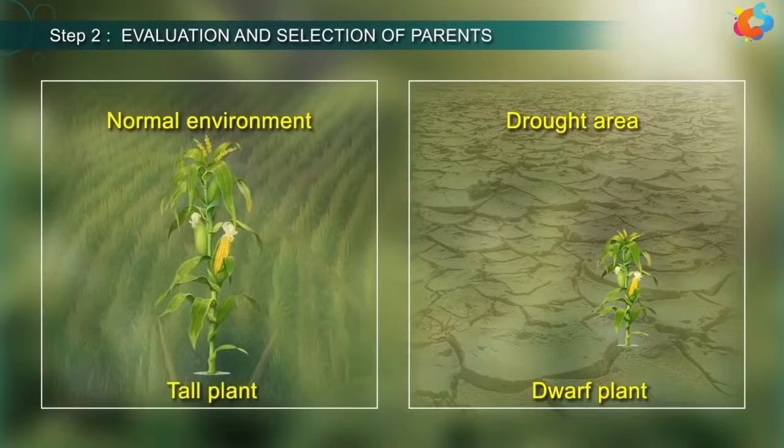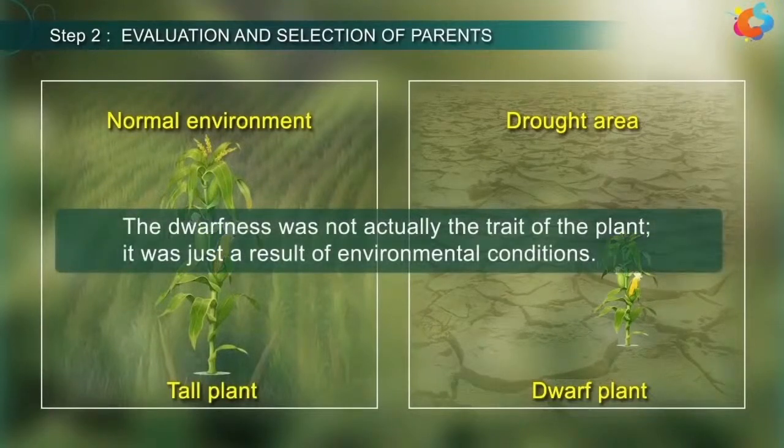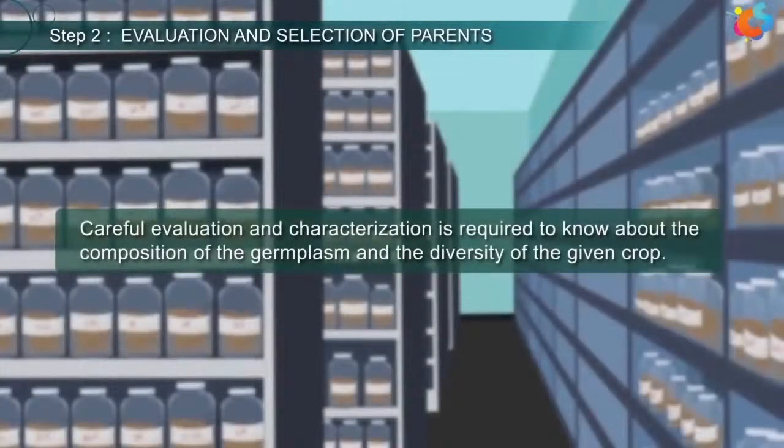It means that the dwarfness was not actually the trait of the plant. It was just a result of environmental conditions. In order to avoid such type of errors, careful evaluation and characterization is required to know about the composition of the germplasm and the diversity of the given crop.